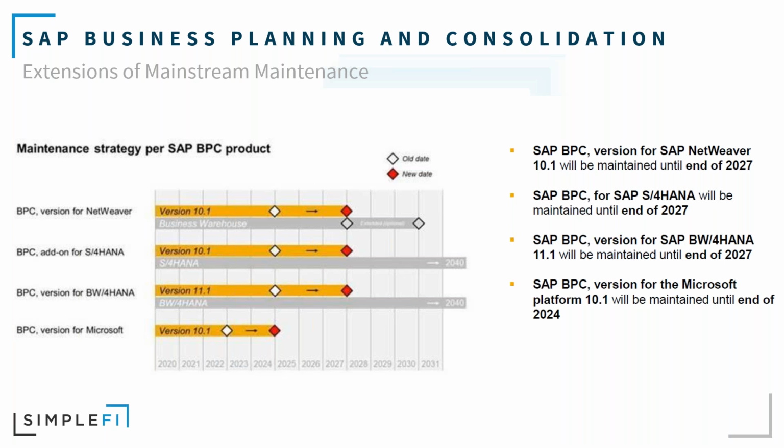If you're just running BPC standard NetWeaver, you're supported at least through about 2030. If you decide to upgrade to BW for HANA, version 11, for example, you have even more extension. If you're running BPC Microsoft right now, we can help you do some evaluations on what would be the next step, because you're getting into end of life maintenance coming up shortly with 2024.